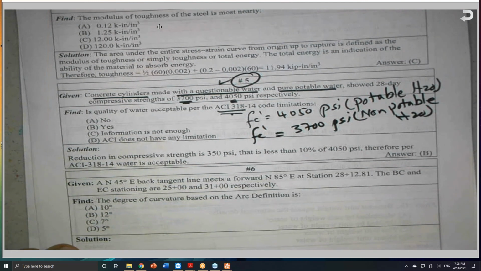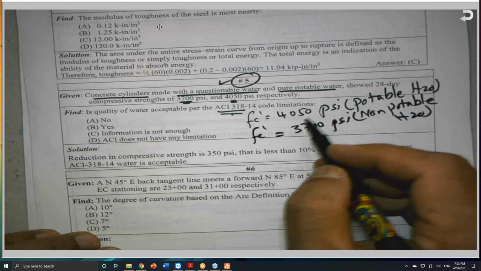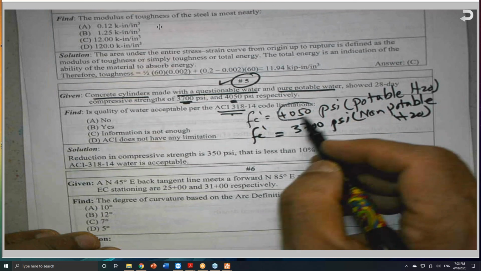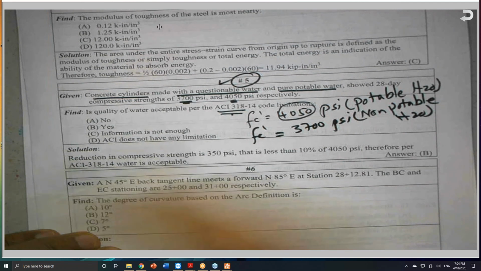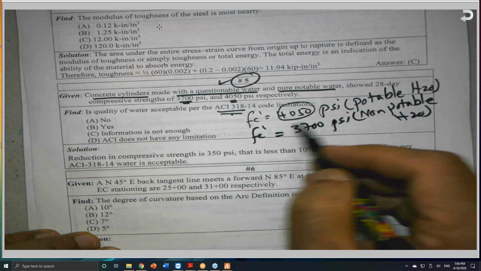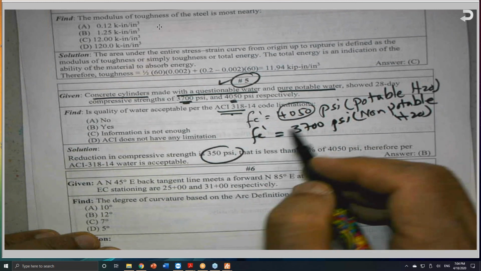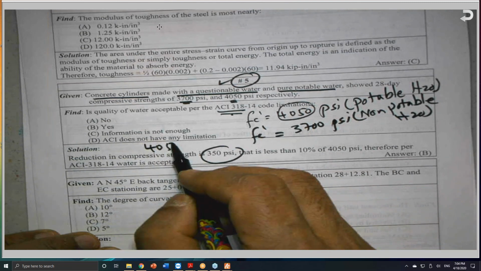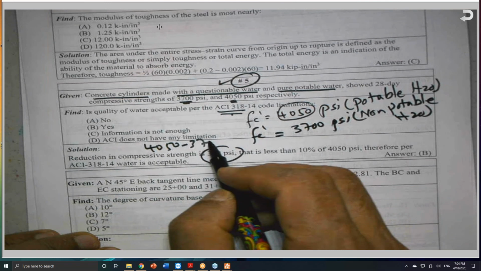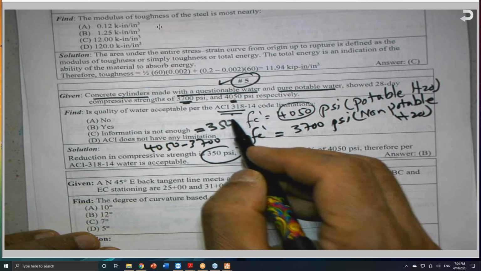318? We said that if I use non-potable water, I should not lose more than 10%. First of all, what is the 350? This is the difference between 4,050 minus 3,700, so there is a difference of 350 psi.